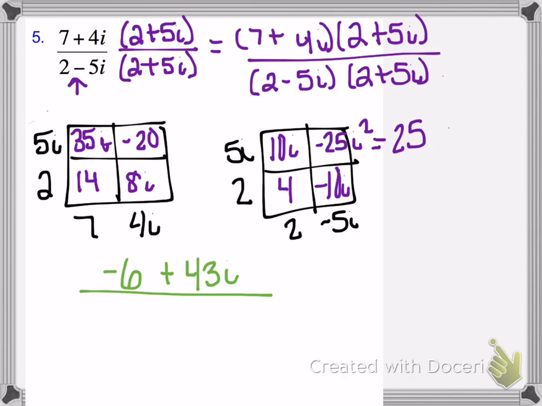My denominator, well, the 10i and the negative 10i are going to cancel each other out. Now, all I have left is 4 and the 25, leaving me with a denominator of 29.